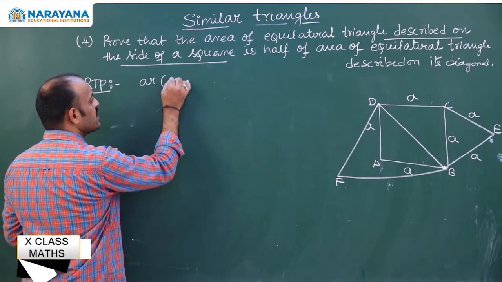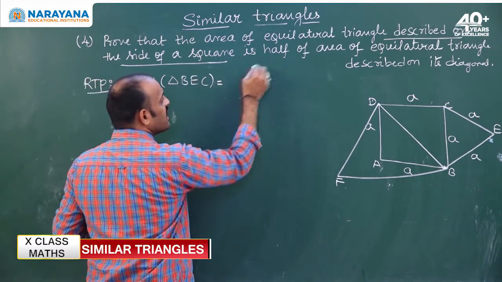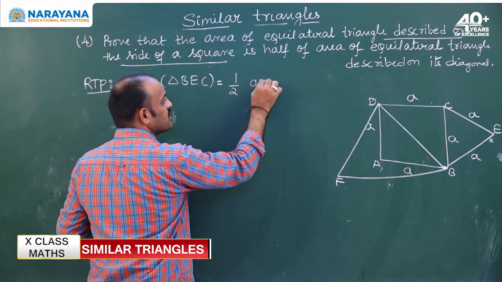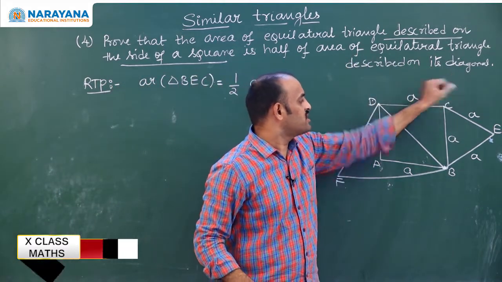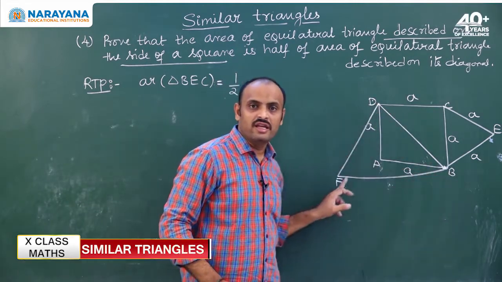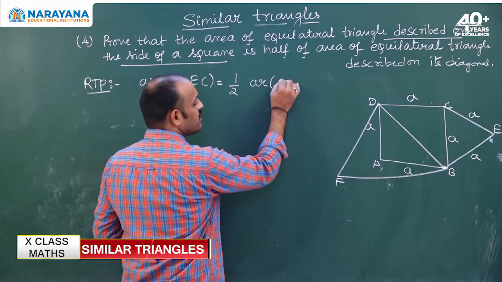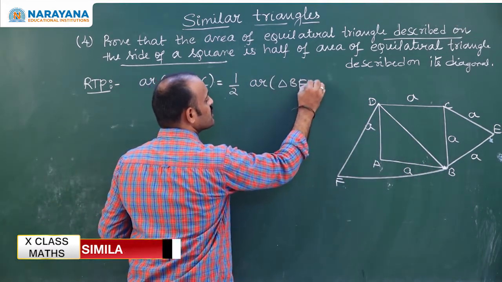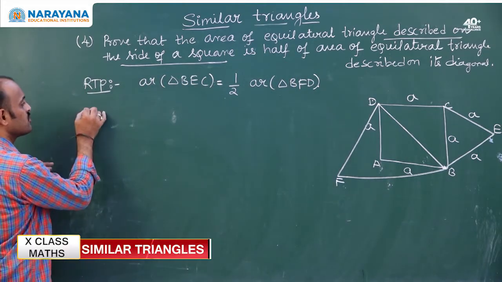I need to prove that area of triangle BEC is equal to half of the area of the equilateral triangle described on its diagonal. So, BFD is the equilateral triangle described on the diagonal, area of triangle BFD. This is what we need to prove.